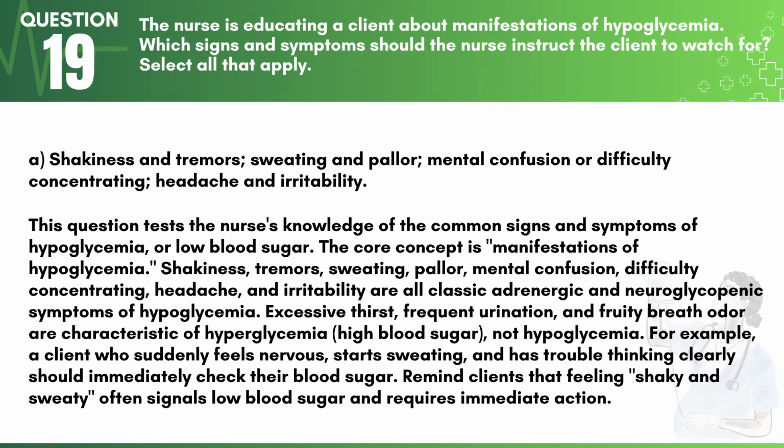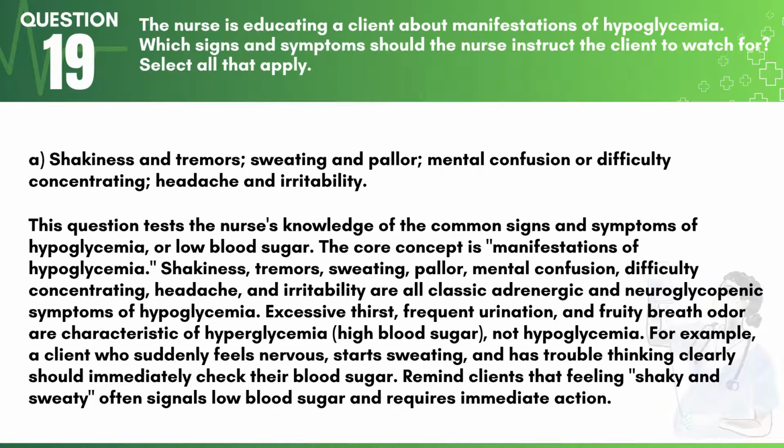This question tests the nurse's knowledge of the common signs and symptoms of hypoglycemia, or low blood sugar. The core concept is manifestations of hypoglycemia. Shakiness, tremors, sweating, pallor, mental confusion, difficulty concentrating, headache, and irritability are all classic adrenergic and neuroglycopenic symptoms of hypoglycemia.